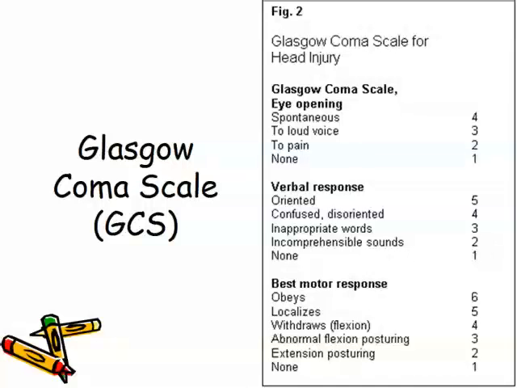So as you can see, a score of 15 would give that patient the best that they could get, and that would be normal, a neurological response from that particular patient. A score less than or equal to 10 usually indicates that the patient needs emergency attention, and a score less than 3 means that that patient is in a deep comatose state and has neurological insult.